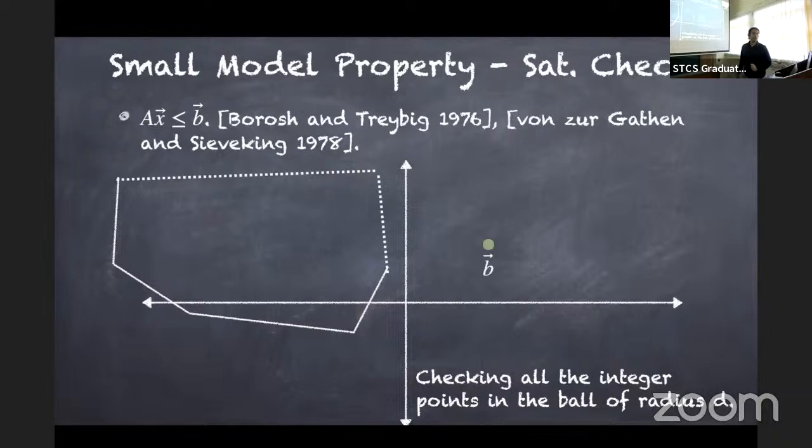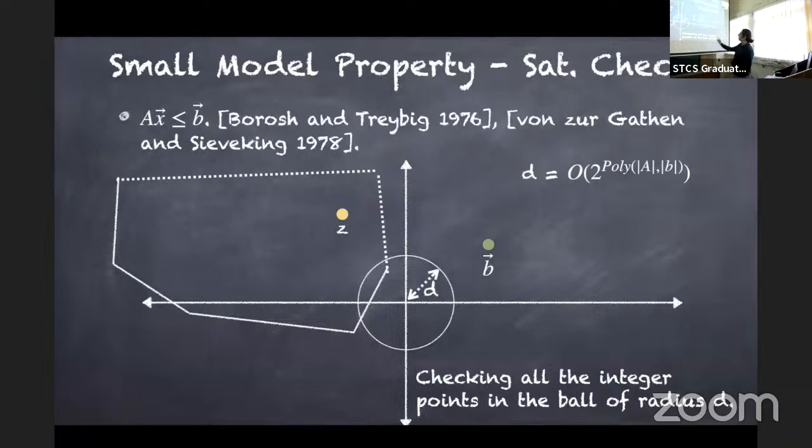Sorry, what is a small model property? Yeah, that's what I will point out. You have a b here; the vector b is the constant on that side. The small model property says that there exists a d, of the order of exponential in the size of A and b, such that if there exists a solution in this polyhedron, then there exists a solution within the ball of radius d.